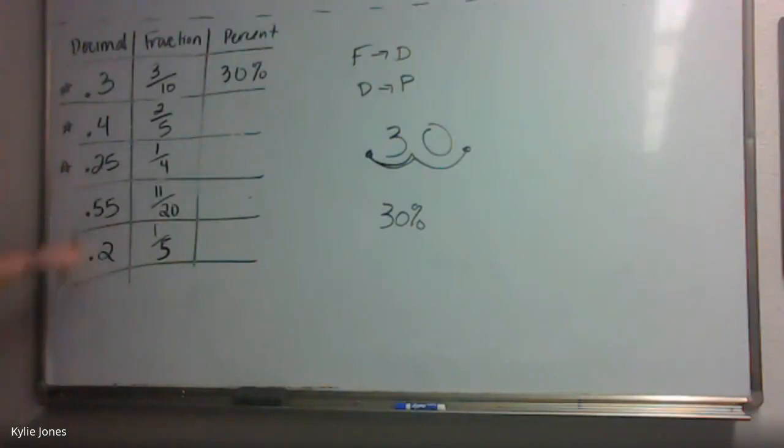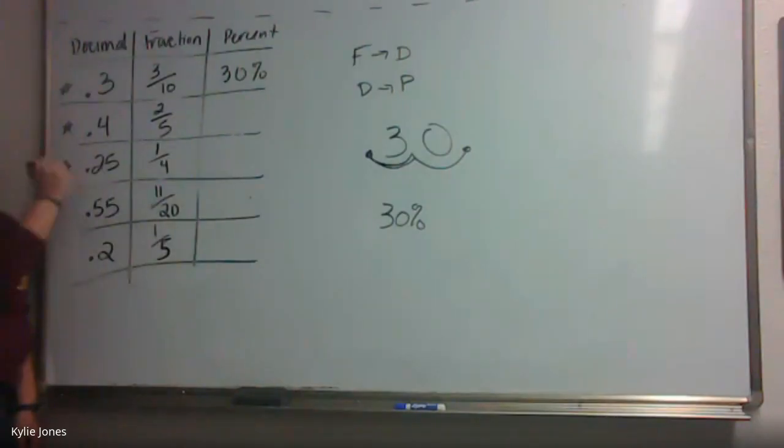What about 0.4? I'm going to take my decimal and move it how many times? Once, because there's only one number here.